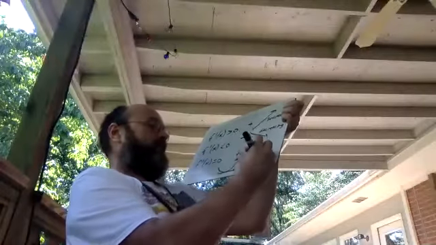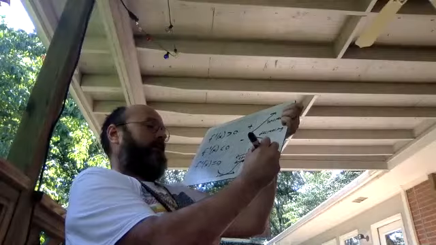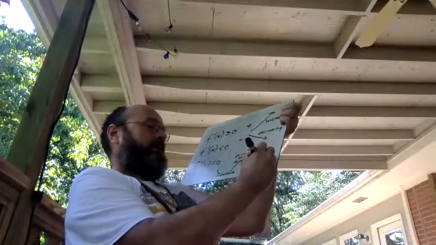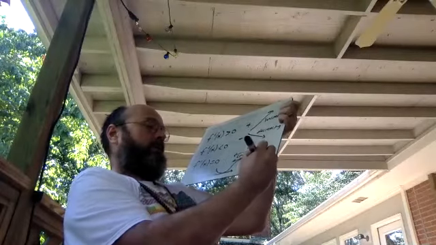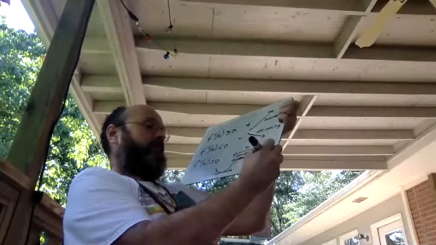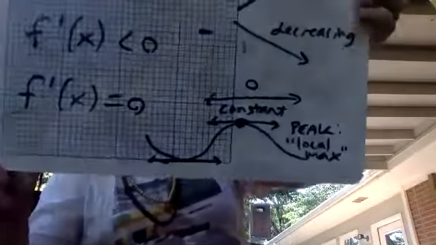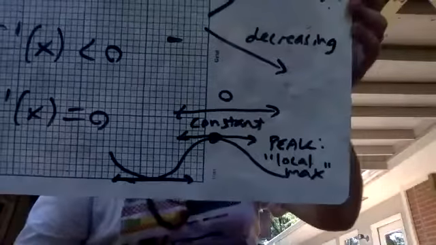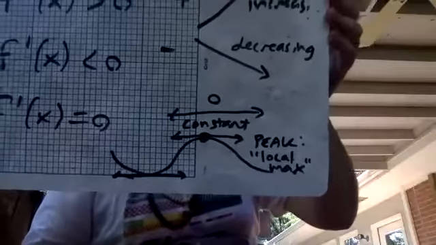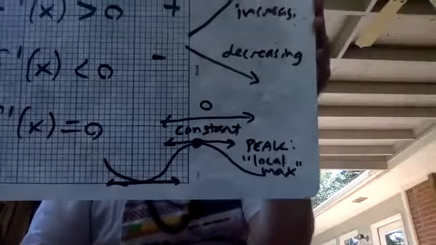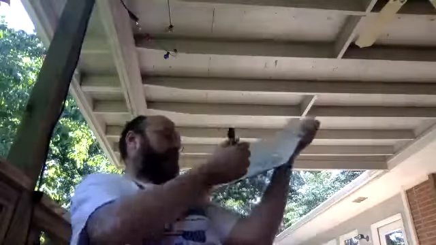The peak, by the way, is called a local maximum. I'm just going to put local max. See, for all of the values around there, it doesn't get any higher. Not till you scoot over a ways.